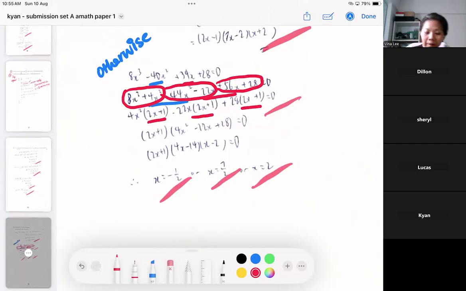From there, he is doing a bit of grouping. So eventually he got a common 2x plus 1 that he factorized out, and eventually he got the 3 brackets. So I will say he is doing the otherwise method. He didn't really use the previous answer.